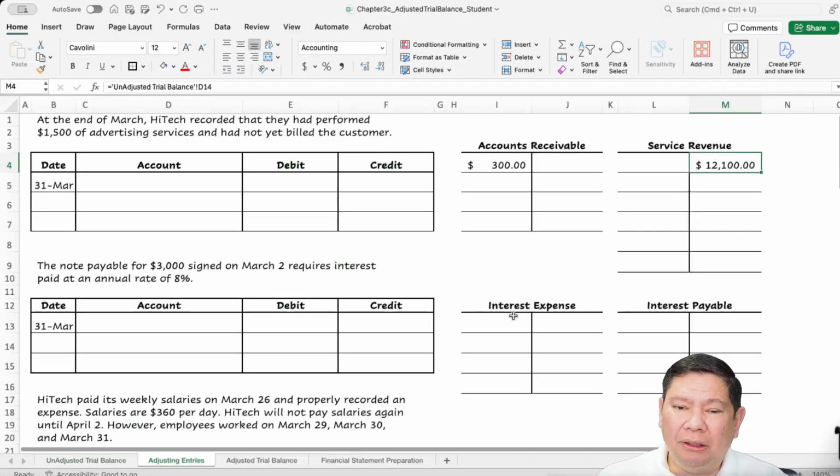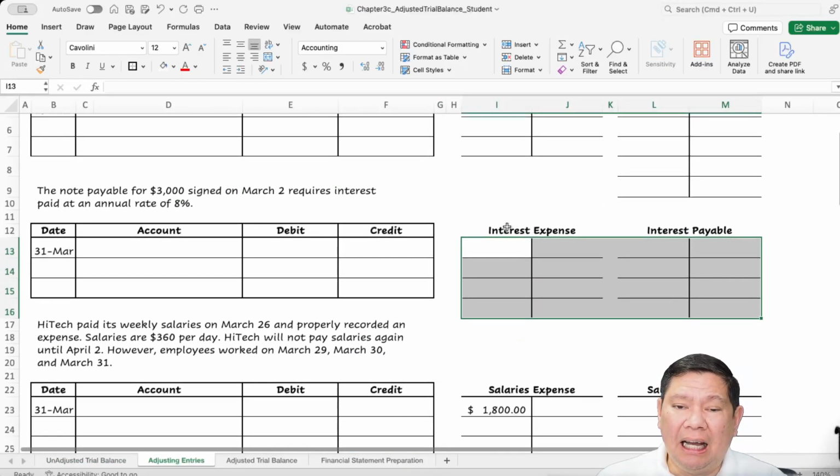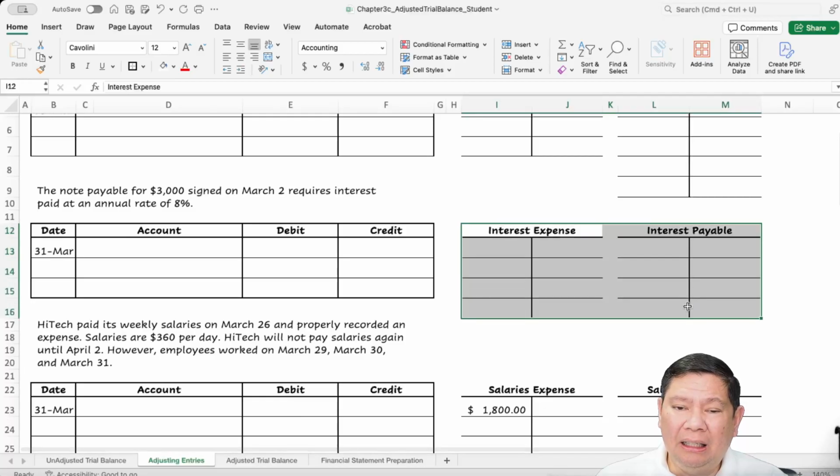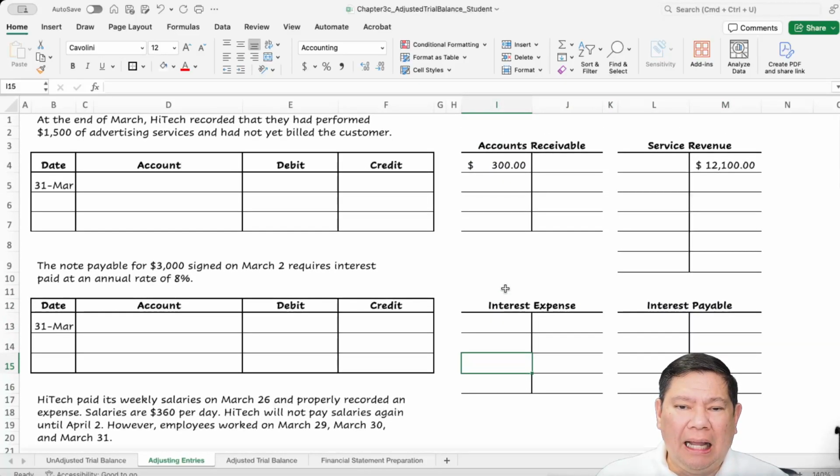But we will also have new T accounts. These are accounts that are the result of the adjustment. So they were not there before, but we have to create them because we have to use them in our adjusting entries.